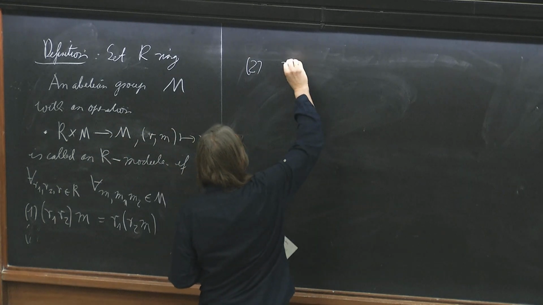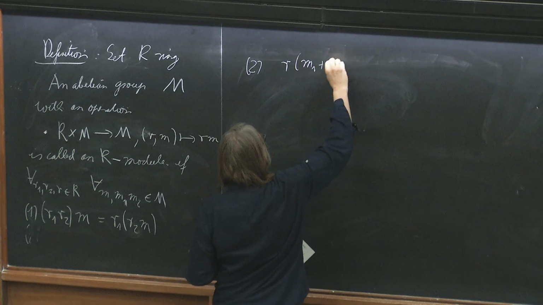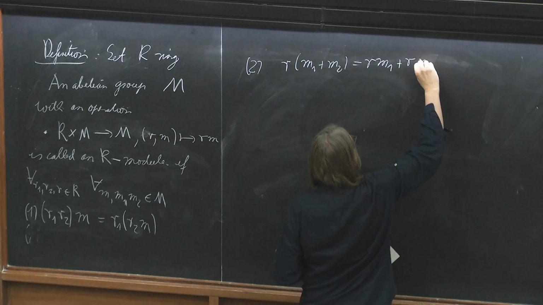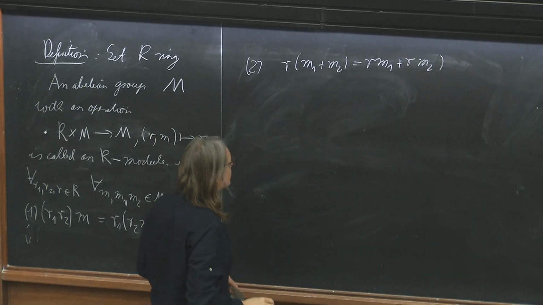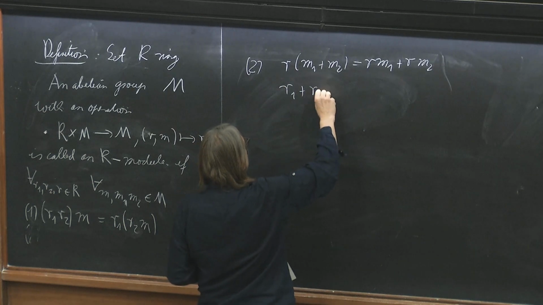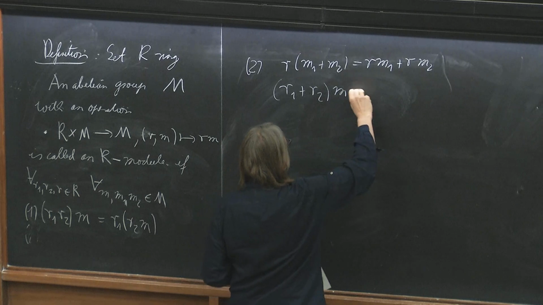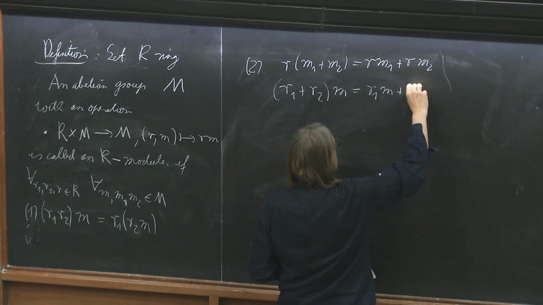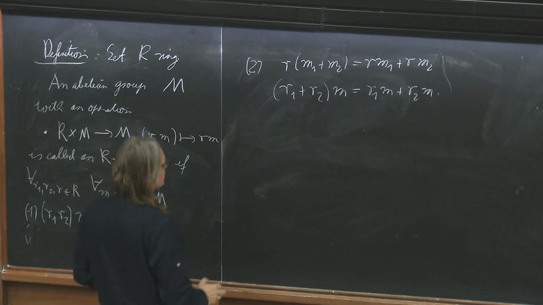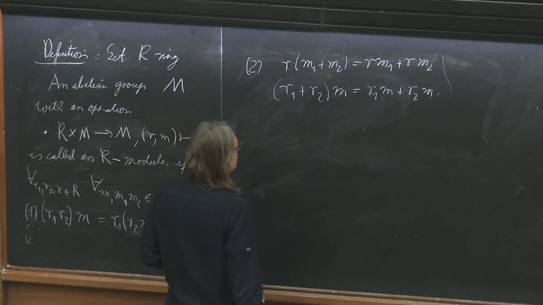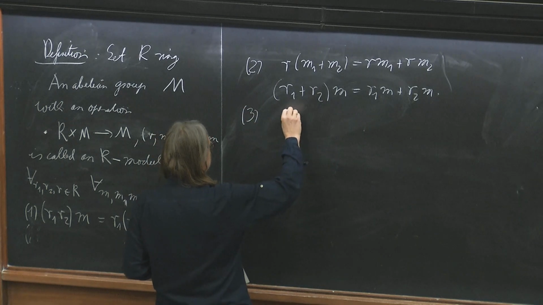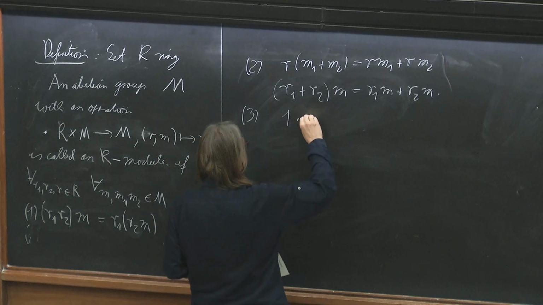So r times (m1 plus m2) is rm1 plus rm2, and also (r1 plus r2) times m is equal to r1m plus r2m, where we use the addition in the ring and the addition in the module. And the third one is that the identity in R acts as the identity.